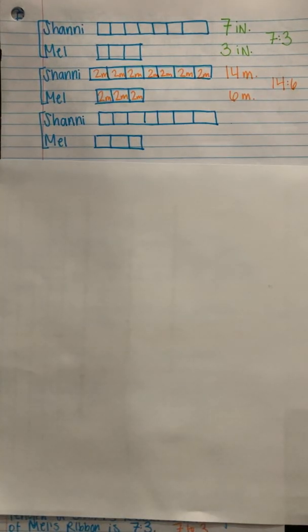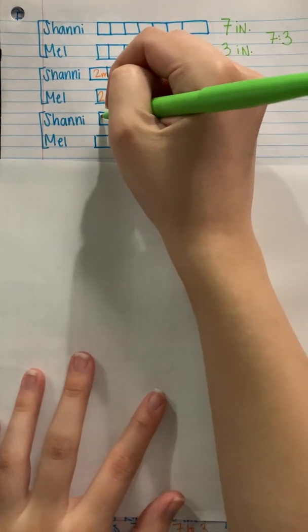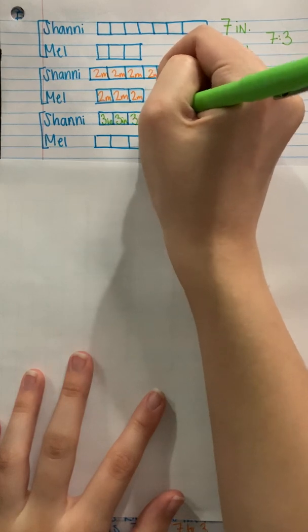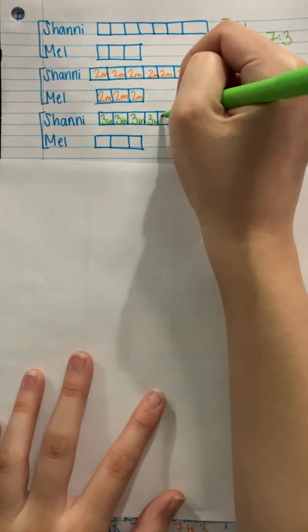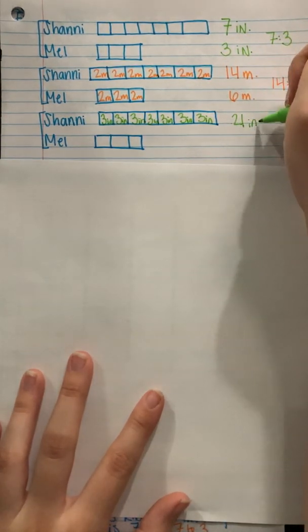And now the other value that we had on our ratio table was when we multiplied by 3. So I'll go ahead and use a unit that is a multiple of 3. So let's try 3 inches. When each of these is equal to 3 inches, three times 7 is 21, so that would be 21 inches.